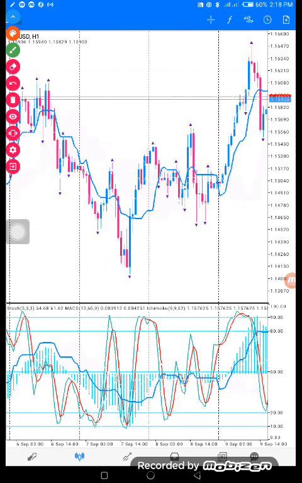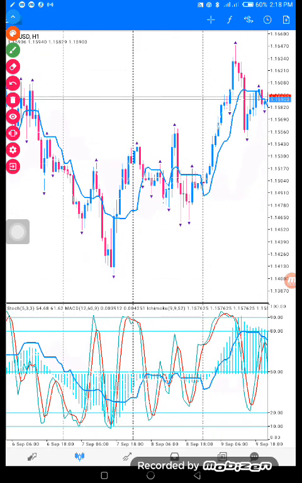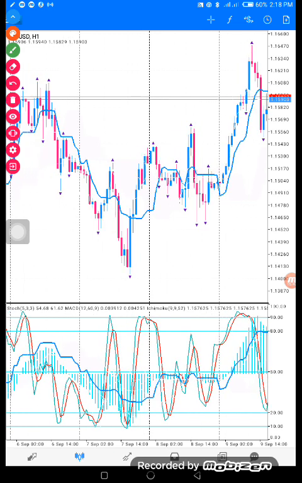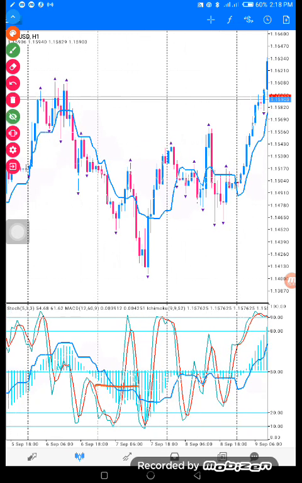This Ichimoku you're seeing here now was down here, but because the Ichimoku is always changing, that's why you think it is where it is now.